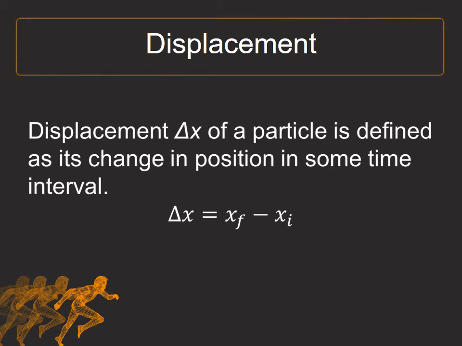Okay. Next term that we should understand in kinematics is the word displacement, or in notation natin, delta x. When you say displacement, it is the change in position in some time interval.